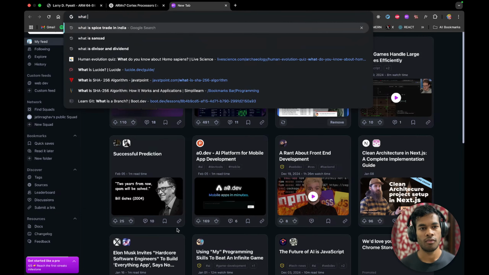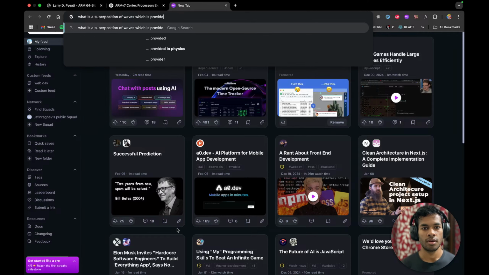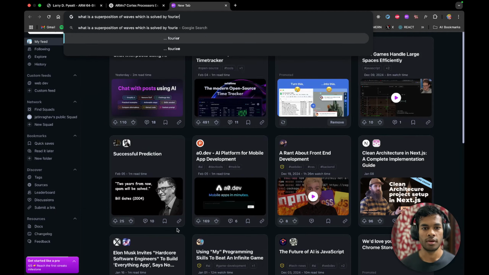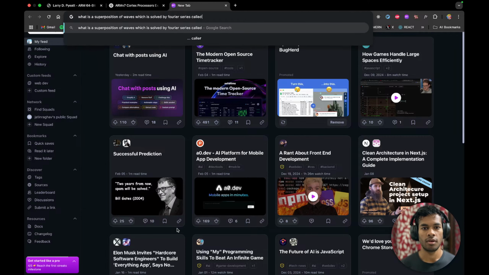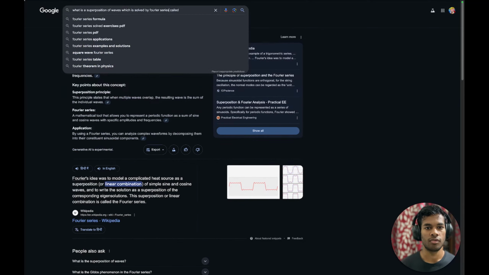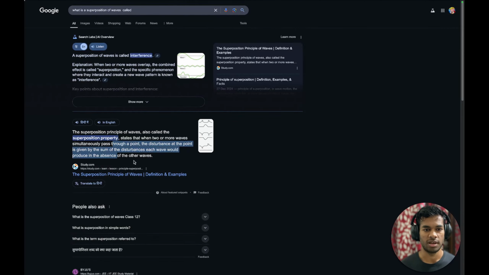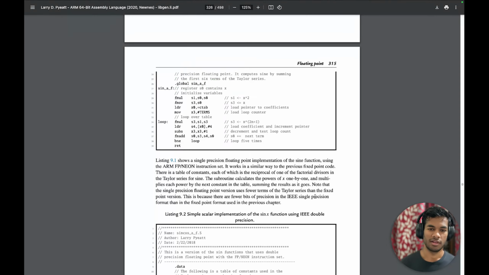What is a superposition of waves which is solved by Fourier series called? Superposition. Yes, that is just superposition. It is only called superposition and nothing else. I thought it was like homogeneous or something.